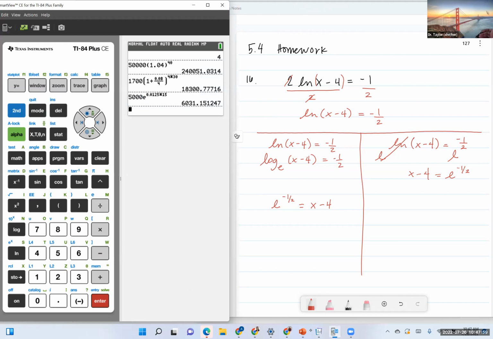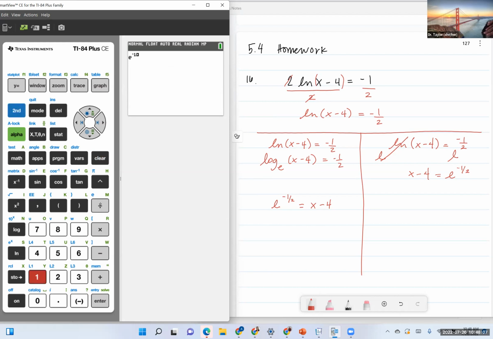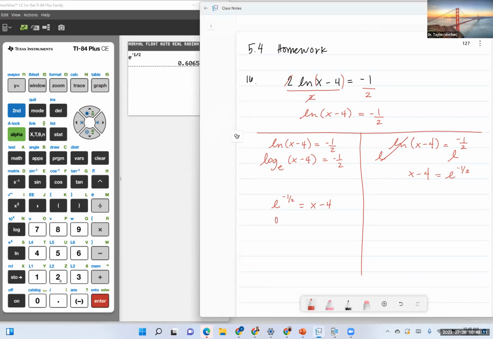So I'm going to put e to the -1/2 in my calculator. It's 0.6065. And it's x minus 4, so now we add 4 to both sides.